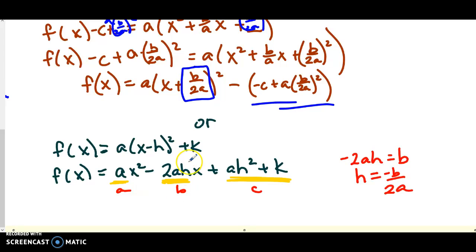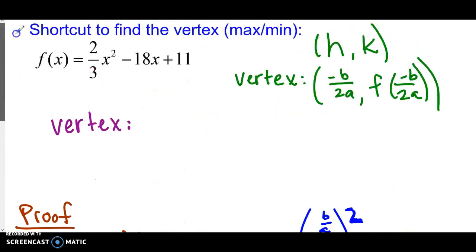So if I take the b part and set b equal to negative 2ah and solve for h, in vertex form, I would get the opposite of b over 2a. Those are just two real quick proofs just to show why this would work.